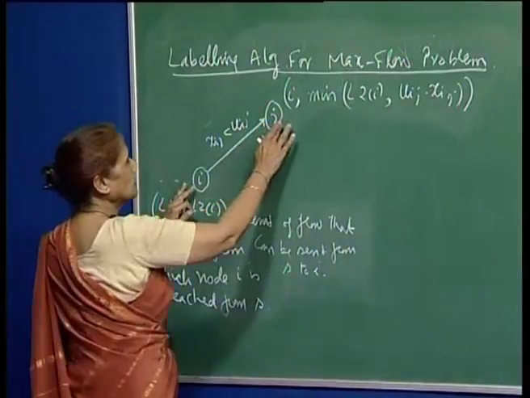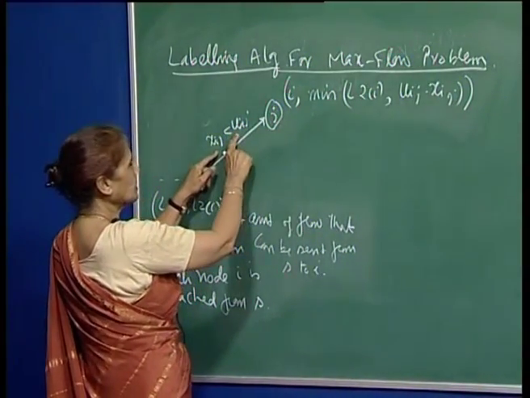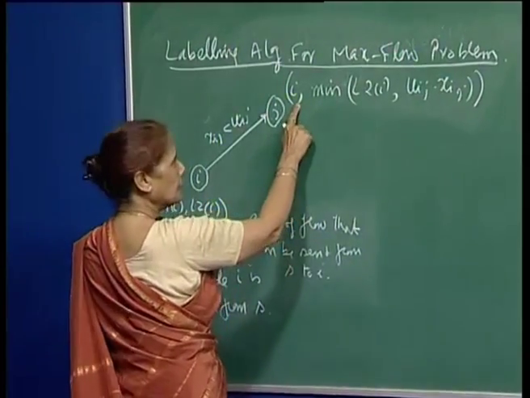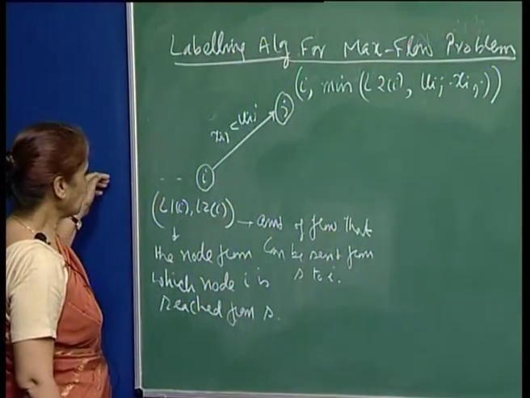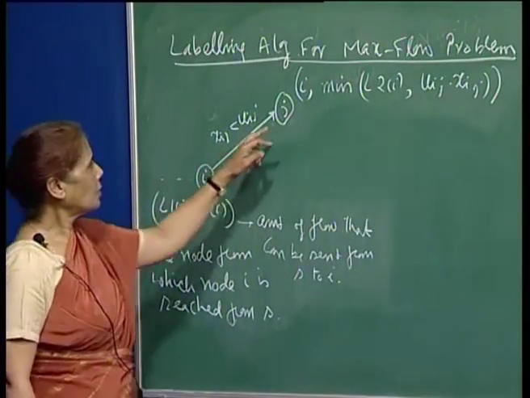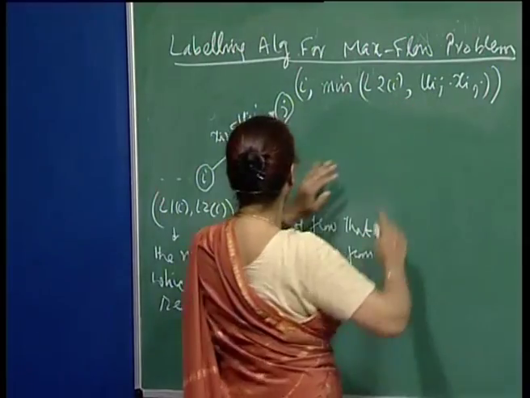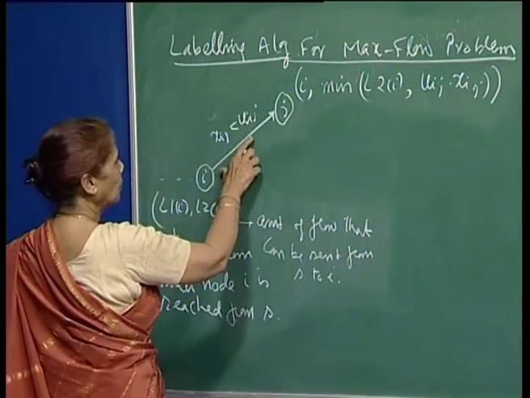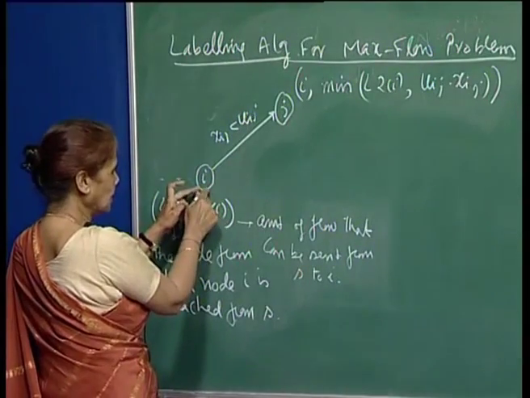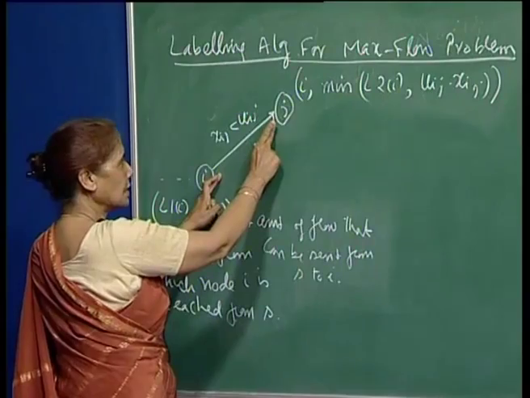So, now when I want to label J, in case xij is less than uij, the first label will be node I, because J is reachable from I, and the path that was coming from S to I can now come up to J, right. And the amount which can be sent from S to J obviously has to be the minimum of the amount that can be sent to I, and the amount which can be sent on this arc.